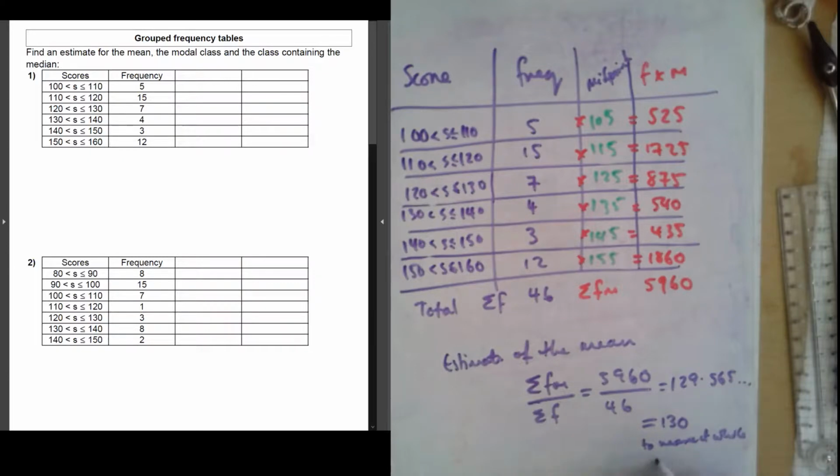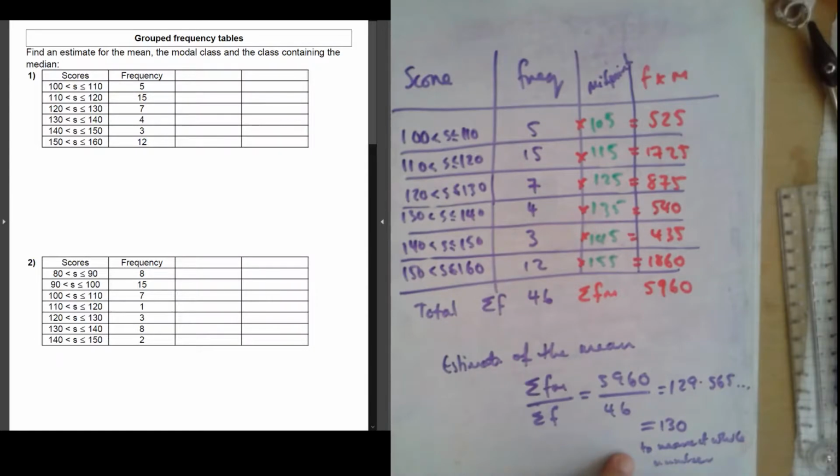They don't actually give me a limit of what it should or shouldn't be. I'm just going to choose the nearest whole number because if it's a score, you don't really get half points. So 130 would be the estimate of the mean.